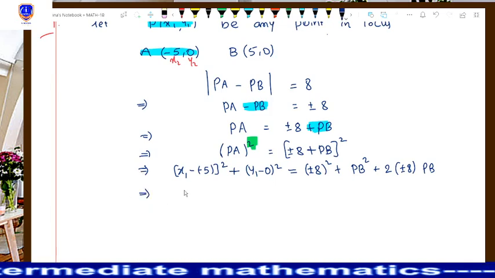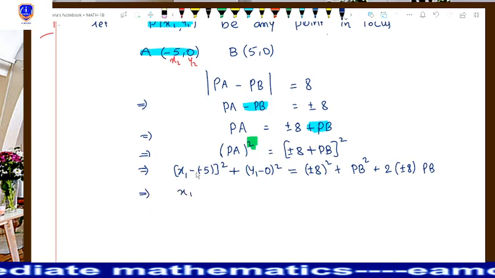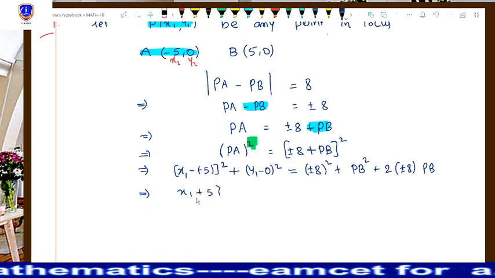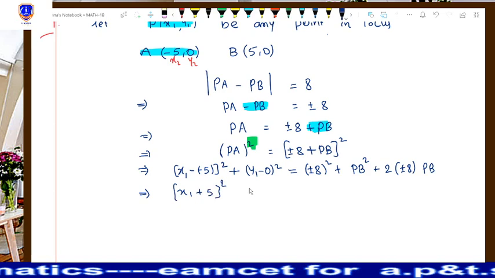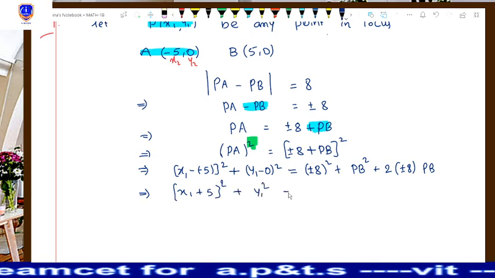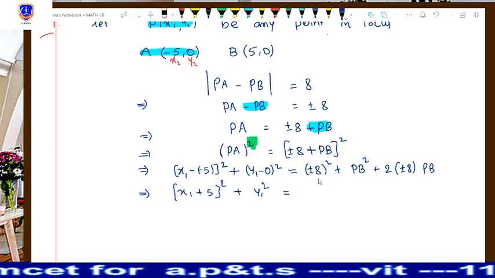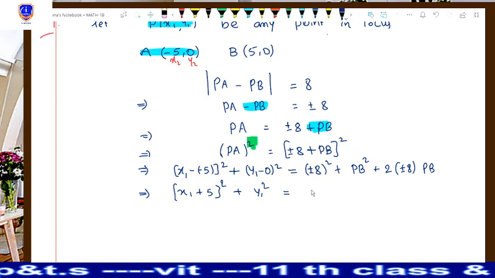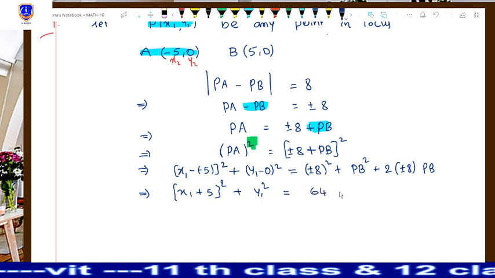This implies x1 minus of minus 5, that is x1 plus 5 whole square, y1 minus 0, you know that it is just y1, so y1 square, equal to plus or minus 8 whole square, which is always positive, and 8 square, we know that it is 64.